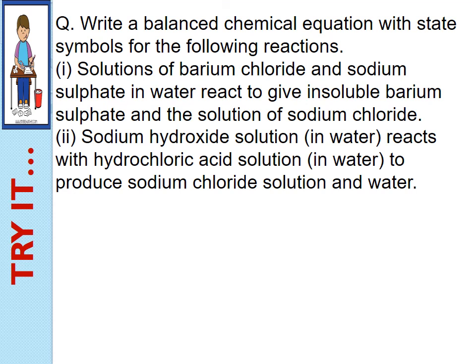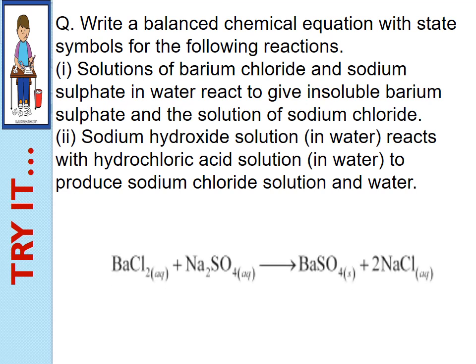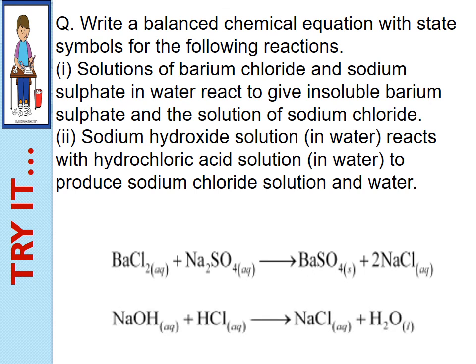Again, pause the video here and write your answer. This is the correct answer. Barium chloride in aqueous state reacting with sodium sulfate in aqueous state to form barium sulfate solid and NaCl in aqueous state. Similarly, NaOH reacts with HCl to form NaCl and water.